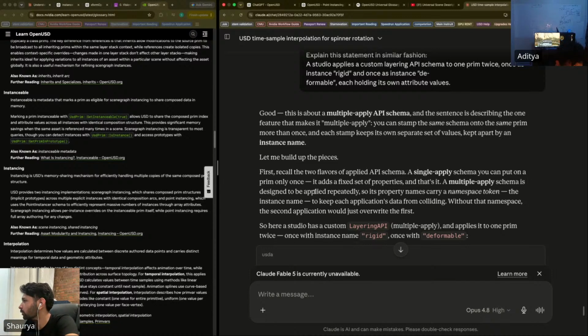First, recall the two flavors of applied API schema. A single-apply schema you can put on a prim only once. It adds a fixed set of properties, and that's it.